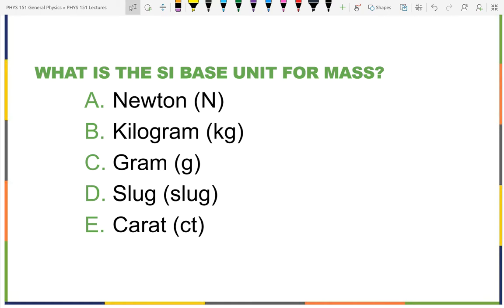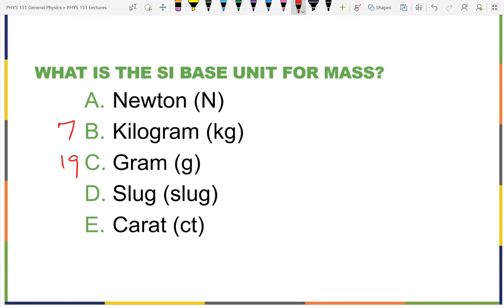Okay, so this time we had some disagreement. We had 7 people that said kilogram and 19 that said gram. So, Rebecca, since we have not complete agreement, why do you say it's grams?